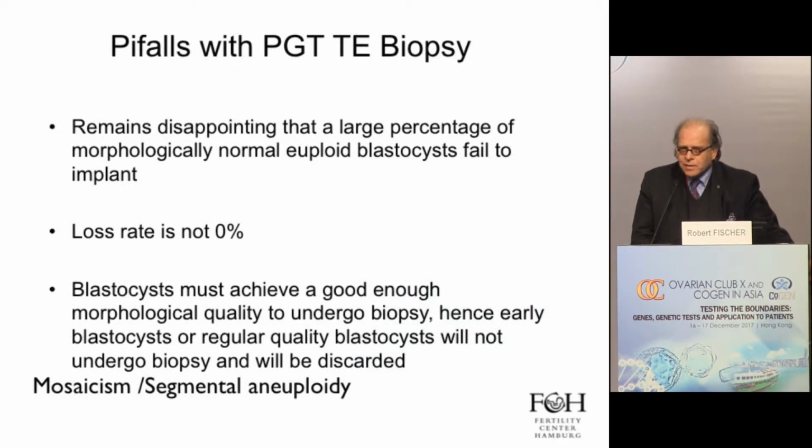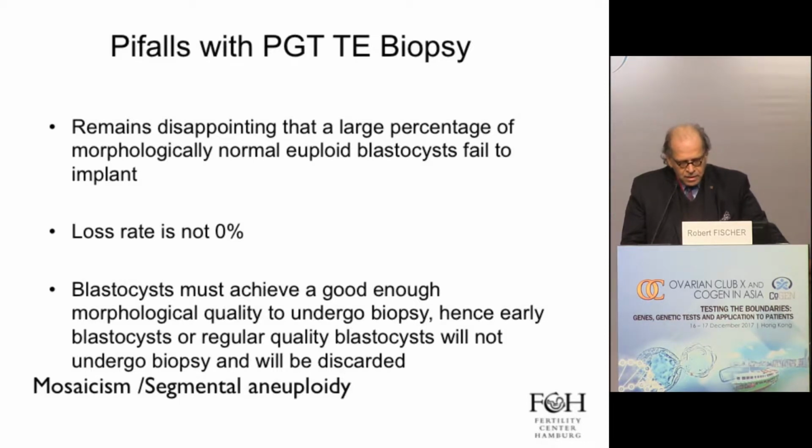But there are pitfalls. Even in the best groups we can see that the pregnancy rate and the implantation rate is not 100%, even if you transfer a euploid blastocyst. Also, the pregnancy loss was not 0% in those patients.